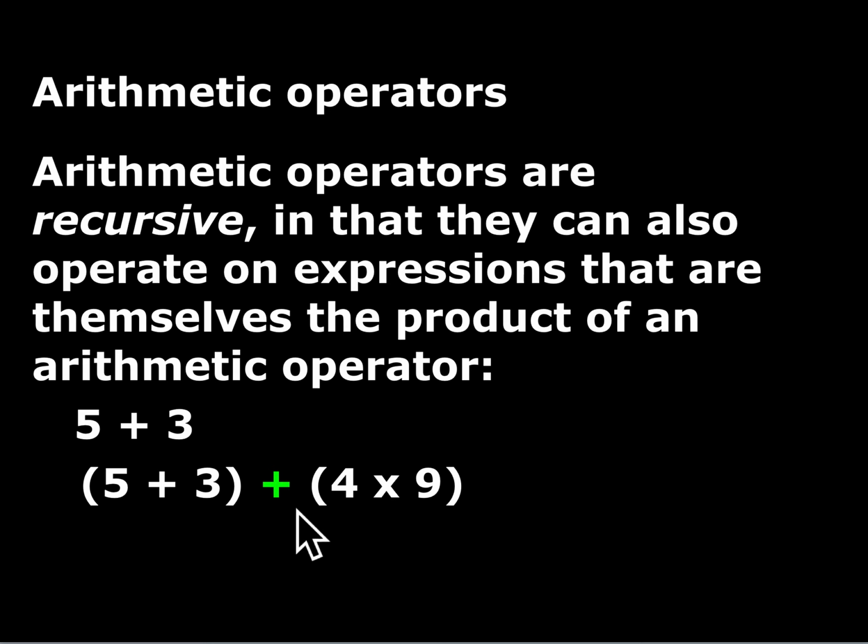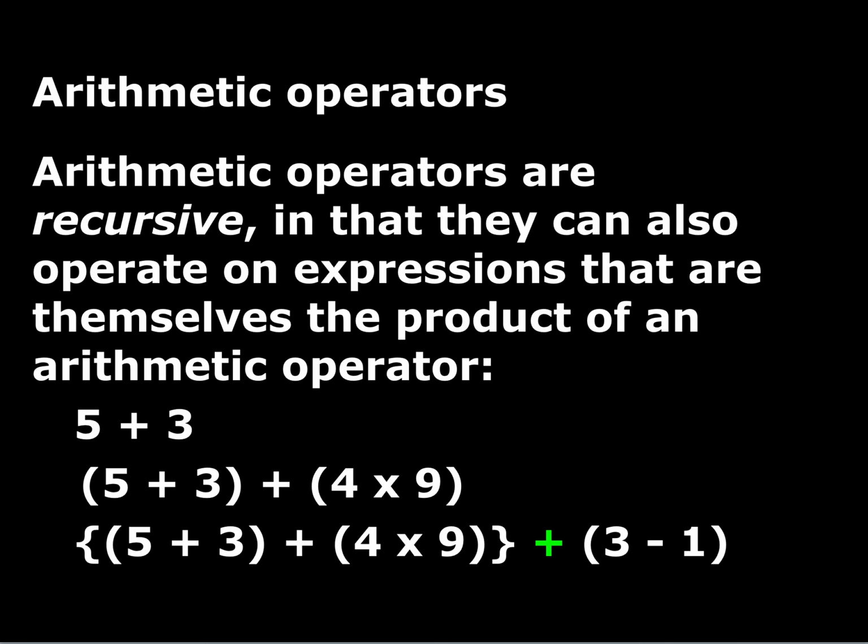So here this operator combined not two atomic statements, but two compound statements into an even bigger compound statement. And that whole statement could be input to another arithmetic operator. Okay, and as you know, this can just go on indefinitely. You could make arithmetic expressions of arbitrary complexity just by reiterating this process again and again.